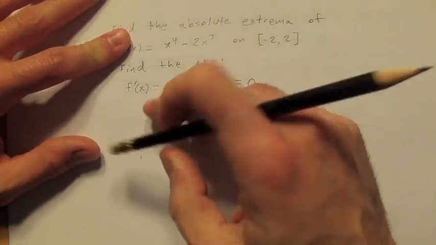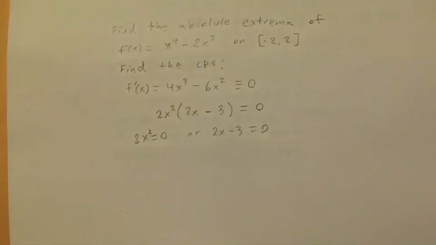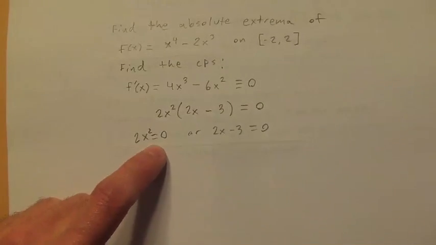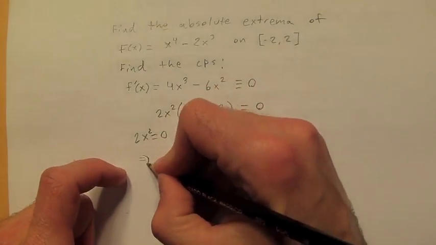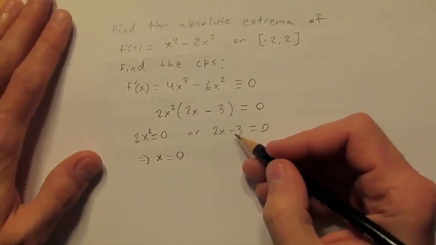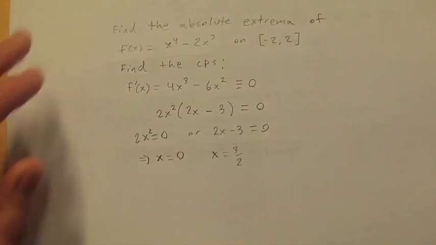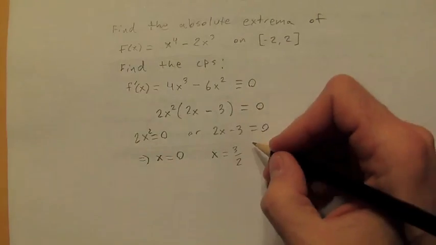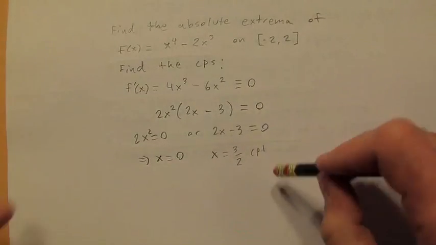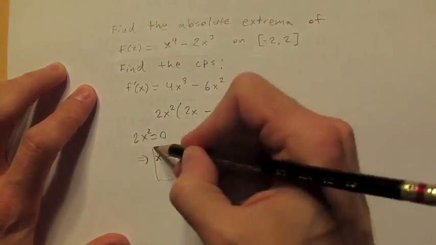So actually, let me go ahead and write this out. For those of you who are unfamiliar with your algebra, well, you'll need to get there quick. But I have 2x squared is equal to 0. This tells me that x is equal to 0, and 2x minus 3 equal to 0. This tells me basically that x is equal to 3/2. Okay, so these are my critical points, 0 and 3/2.